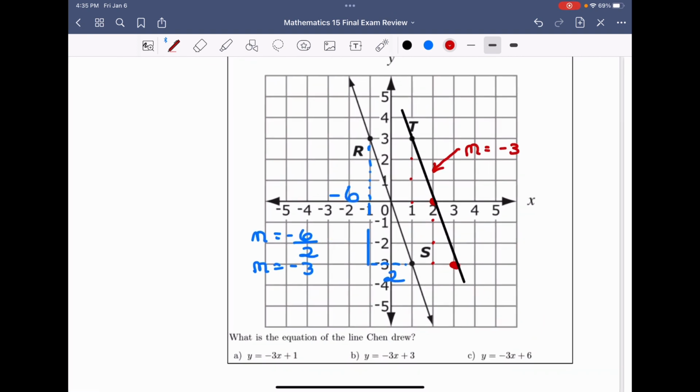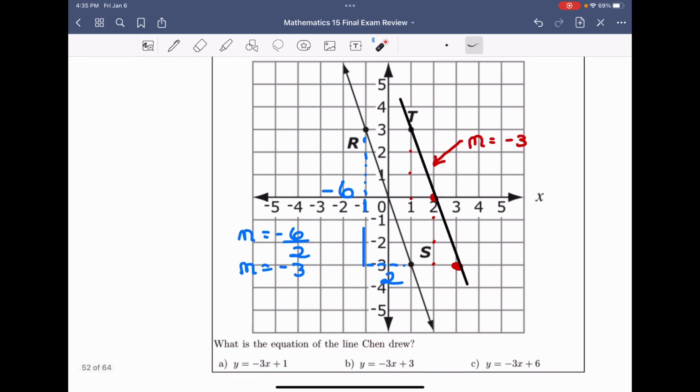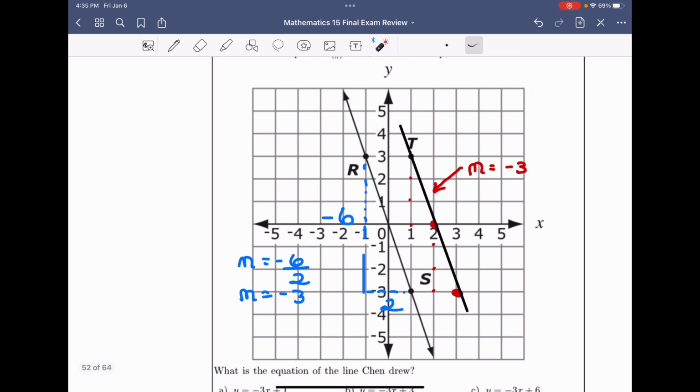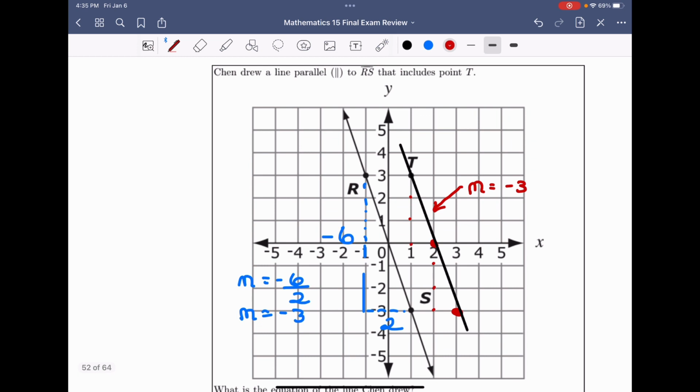All right, and then which is the line? So we've done all that baseline work. Now what we need to figure out is, okay, well, we know the slope is -3, which they all have coincidentally, so that's one thing. But then what we want to do is we want to just guess based on what's happening in this graph. Well, I would make the assumption that this is going to have a y-intercept or some b value way above here.